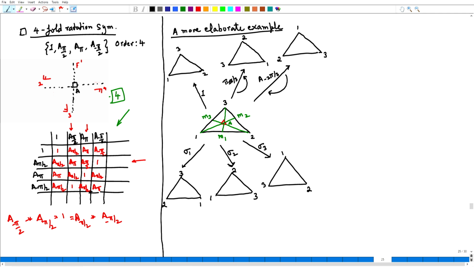So, these are all the 6 operations that are there in this symmetry group. So, our group elements are 1, A 2 pi by 3, A minus 2 pi by 3, sigma 1, sigma 2 and sigma 3. So, this is a group of order 6.